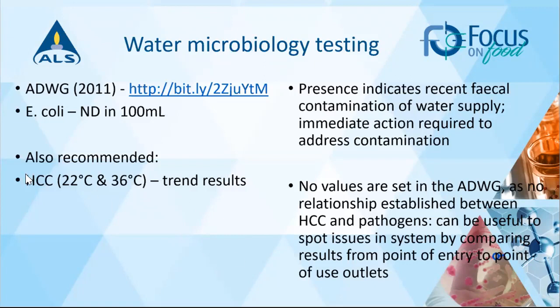Elevated HCC counts should be noted, and follow-up testing may be required if it's really blown out. It's also useful to test the incoming water at various outlets for HCC, as comparing these results may indicate an issue within your facility's water distribution system.